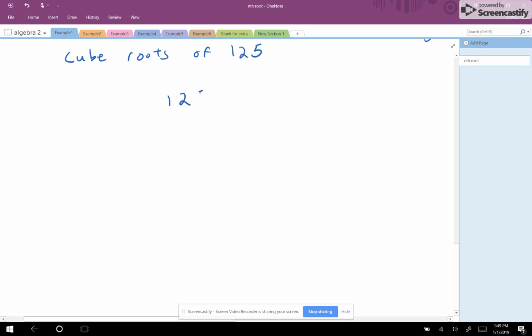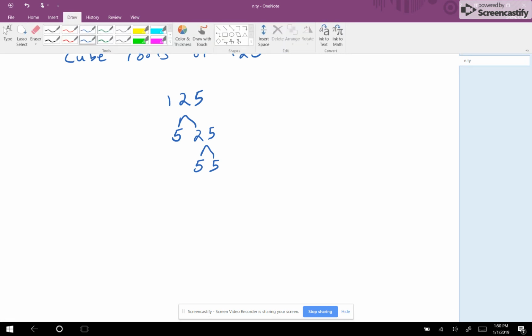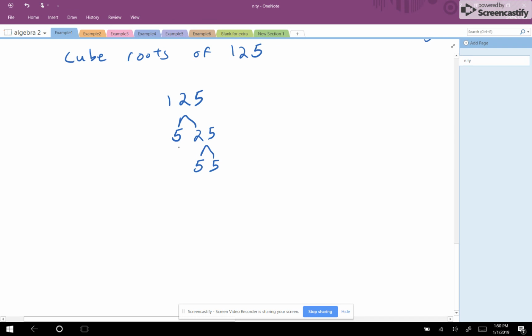So we're going to take 125 and we're going to put it in a factor tree. Now we know that because it ends in 5, we can take a 5 out. We get 25. And then when we factor that, we get 2 more 5s. So now I want you to notice that we have 1, 2, 3 5s there, correct?